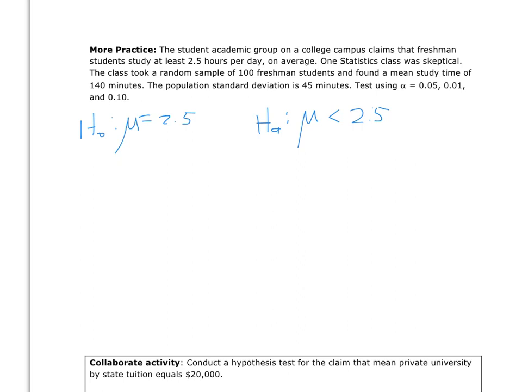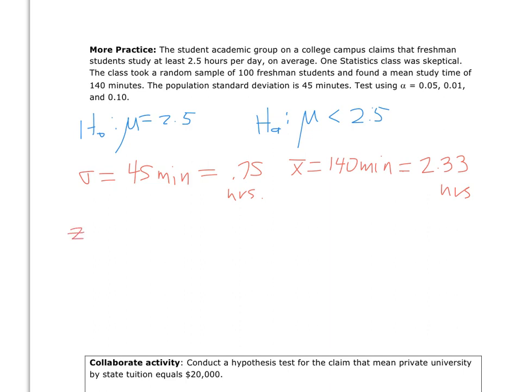The standard deviation is given to us as 45 minutes, but in terms of hours, divide 45 by 60, we get 0.75. And we are given an X bar, a sample mean of 140 minutes. If we convert that to hours, 140 over 60, we get 2.33 hours.